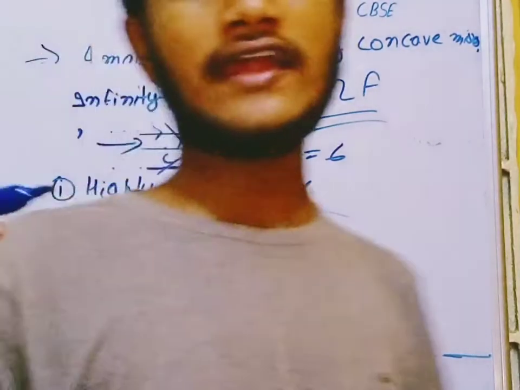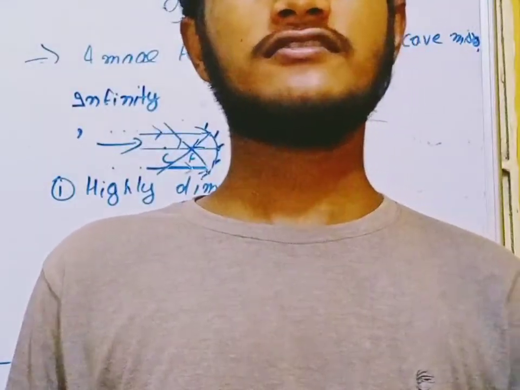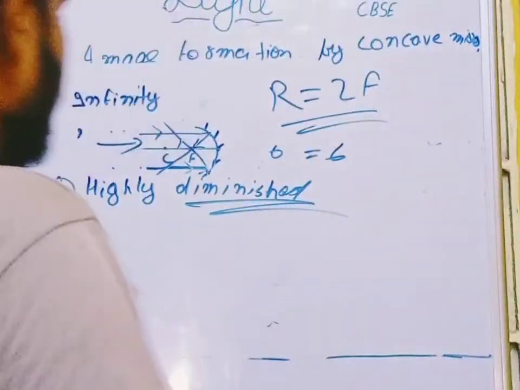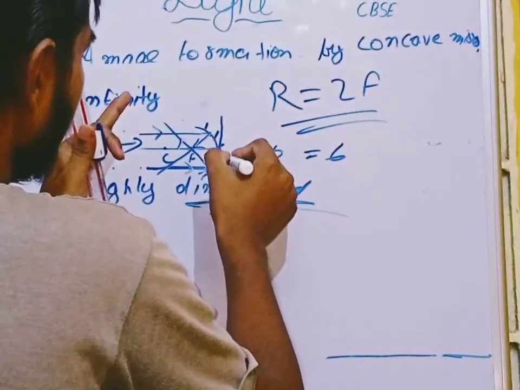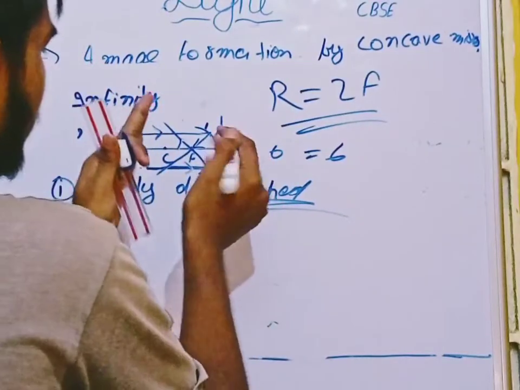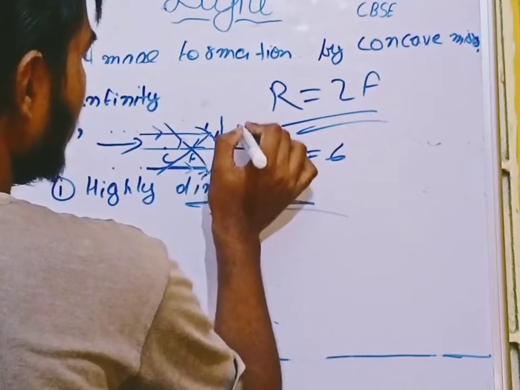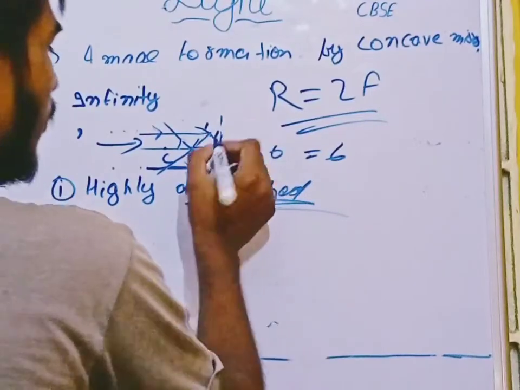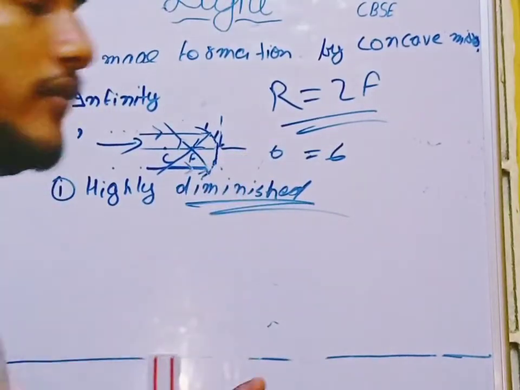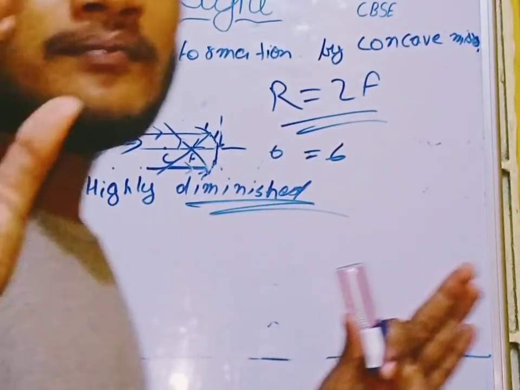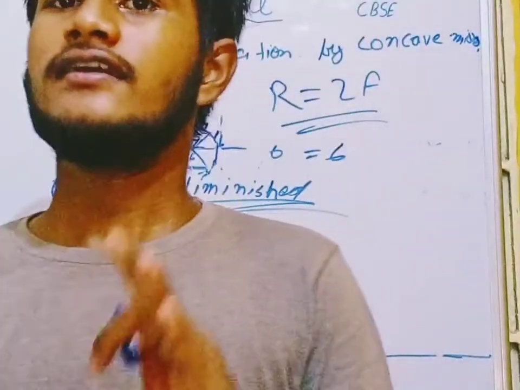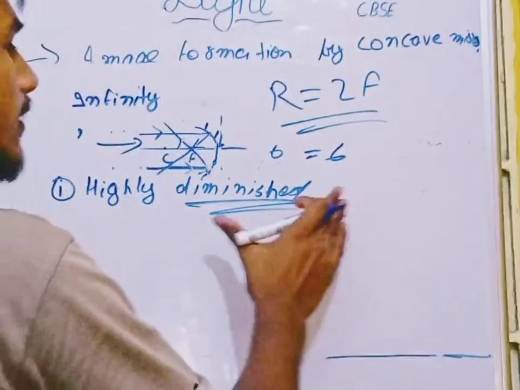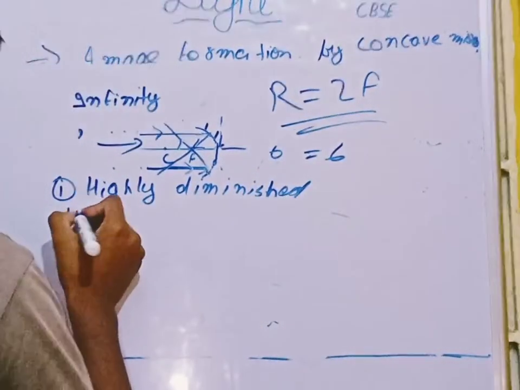When I described the sign convention to you, you became clear that whenever the image is formed on the left side of a mirror, it is going to be real and inverted. Always remember, real and inverted.